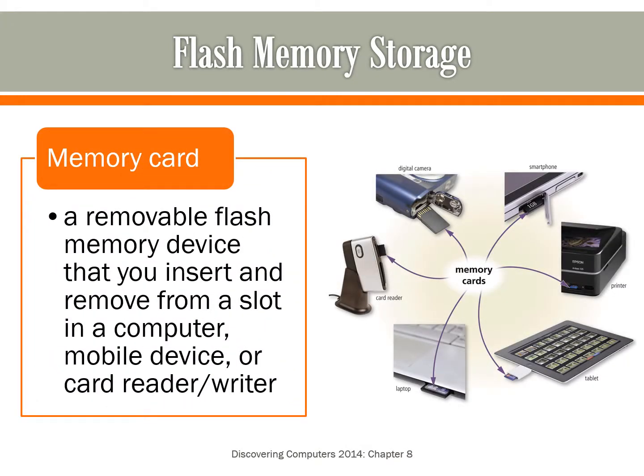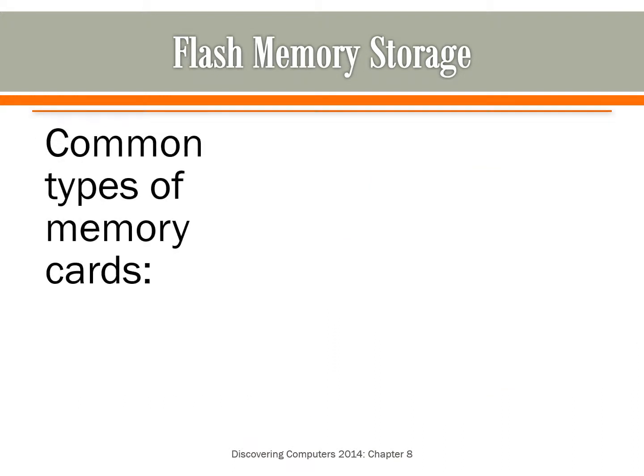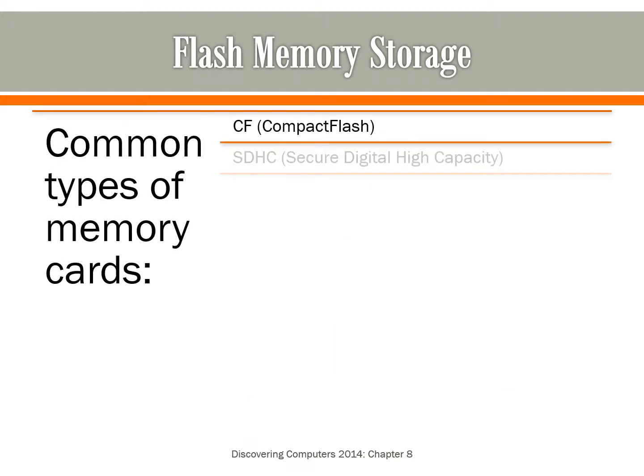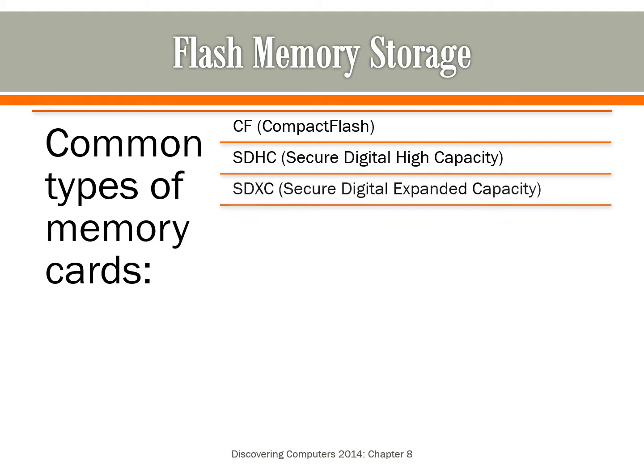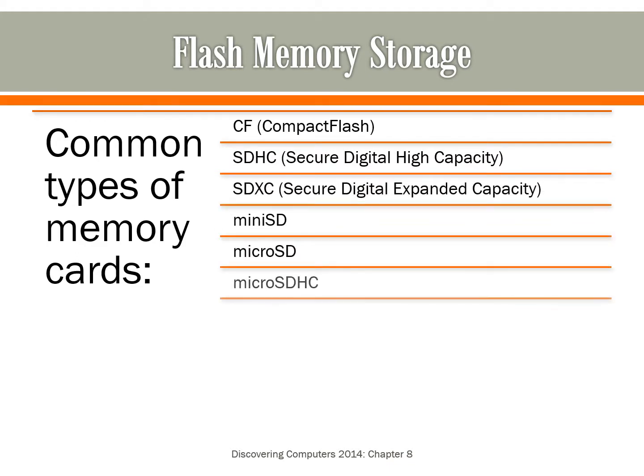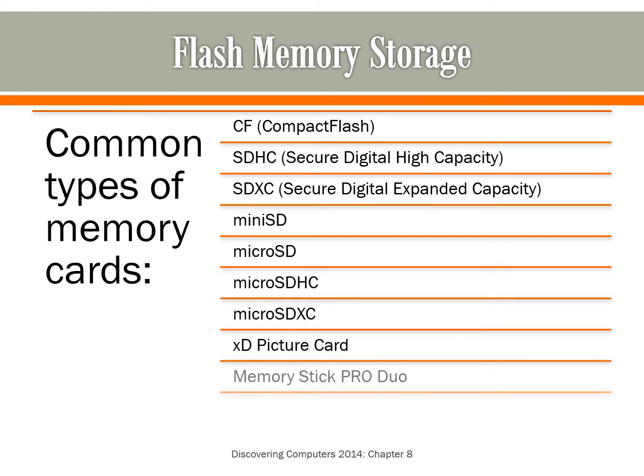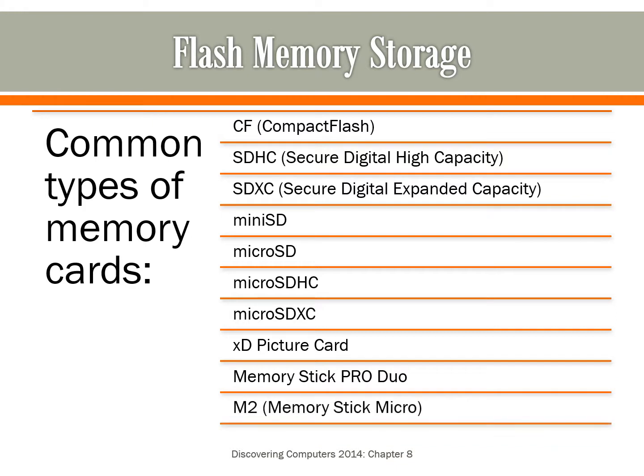Okay, this is the definition of memory card. Common types of memory cards. You can see various types, and generally memory cards are small and they are used in portable devices, for example cameras and also smartphones.